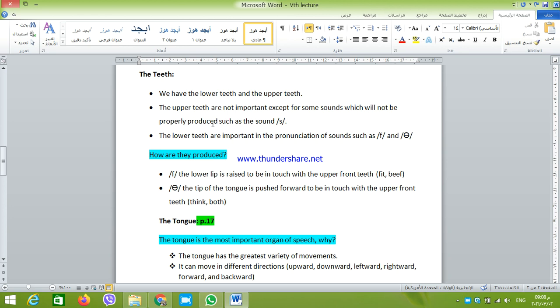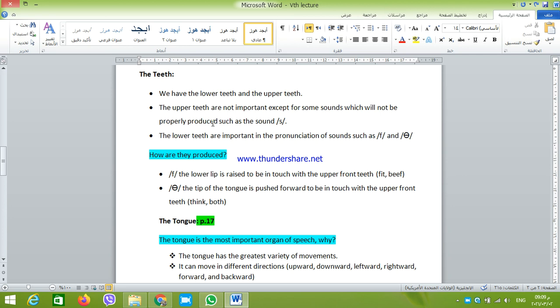Kids, when they are still building up their teeth, lose their teeth and regain them again. While they are losing their teeth, they are not able, for example, to say any word that contains the sound s.